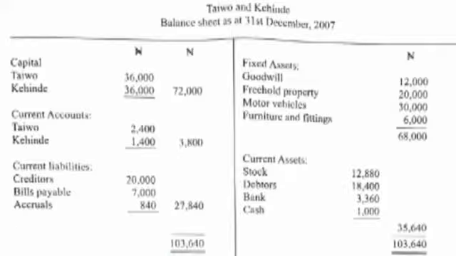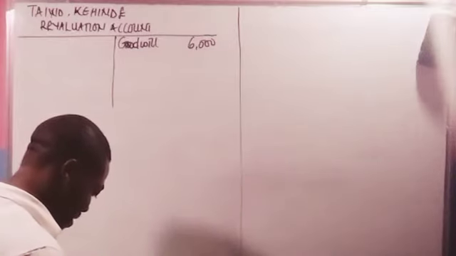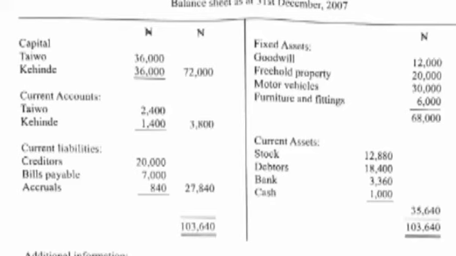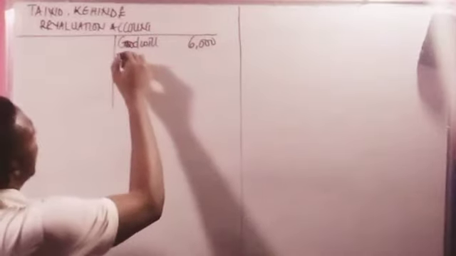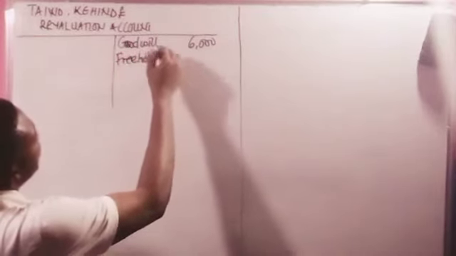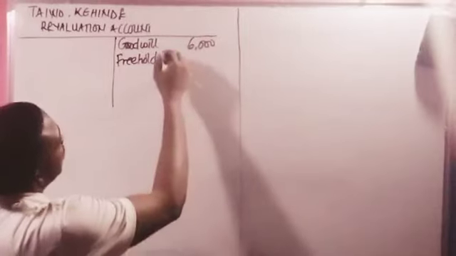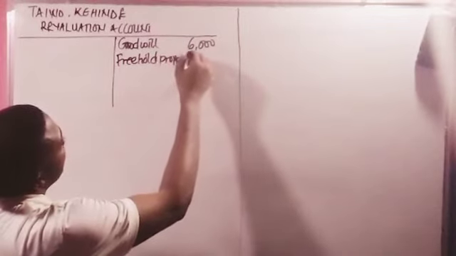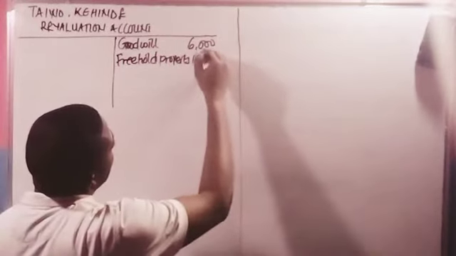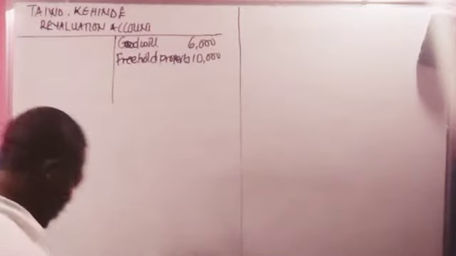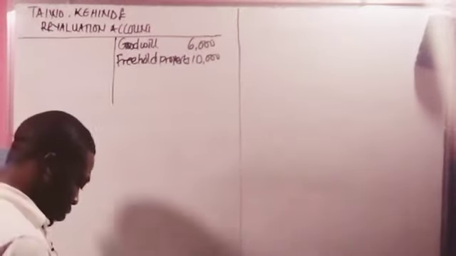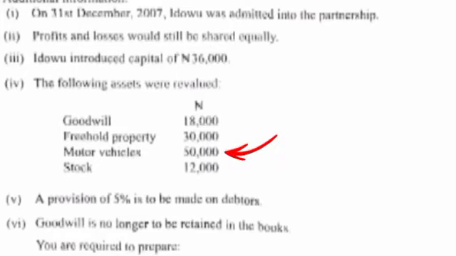So the next asset there is freehold property. The book value is 20,000, while the revalued amount is 30,000. So it increased. So we have freehold property as 10,000. So the next one, motor vehicles.